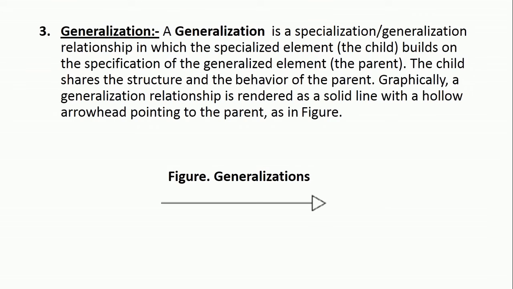So the child shares the structure and the behavior of the parent. Graphically, a generalization relationship is rendered as a solid line with a hollow arrowhead pointing to the parent, as in the figure. So this is the representation of generalization.